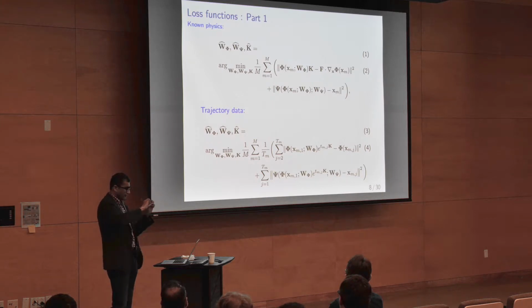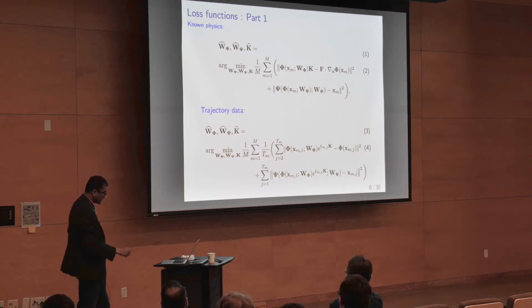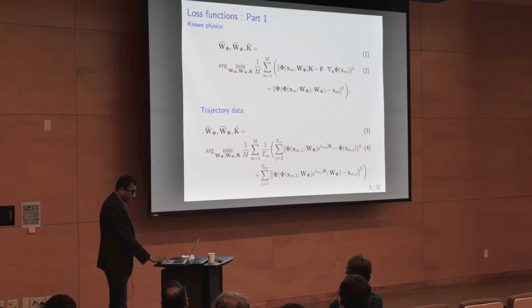So if you have one trajectory with, say, 100 consecutive snapshots, then tm is 100 for that specific trajectory. In that case, we can directly use this evolution, and you can build it out for however many trajectories you have. So anyway, that's how we begin.